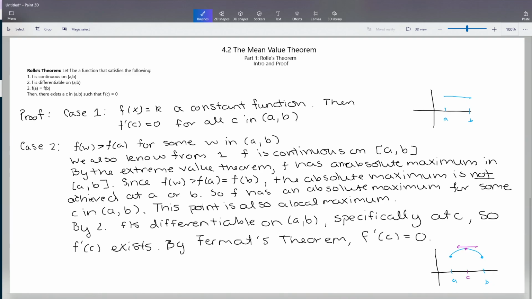All right. There is only one more case for the proof, so let's go ahead and look at case 3.